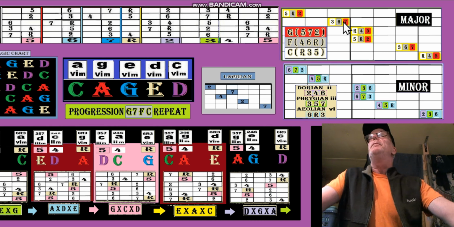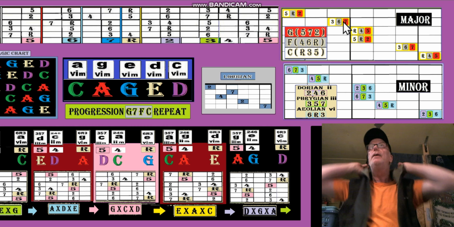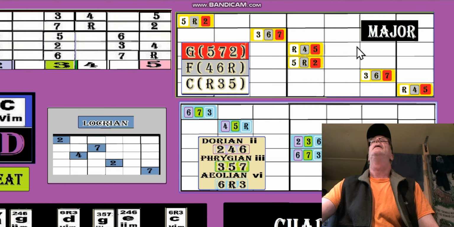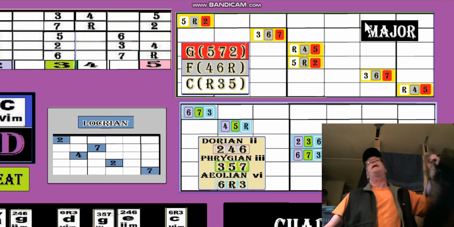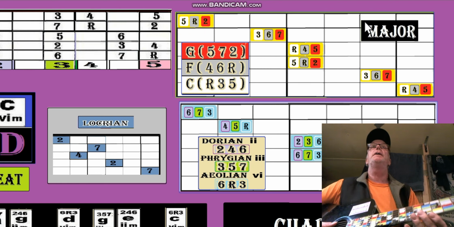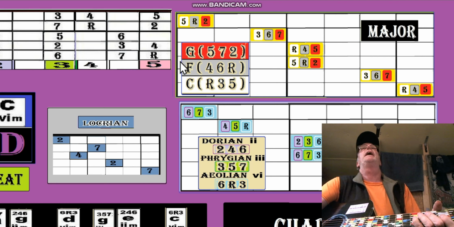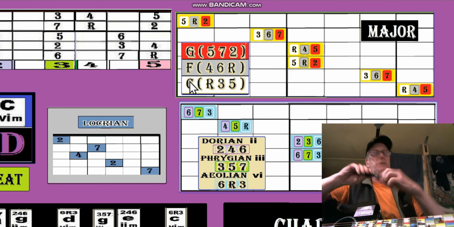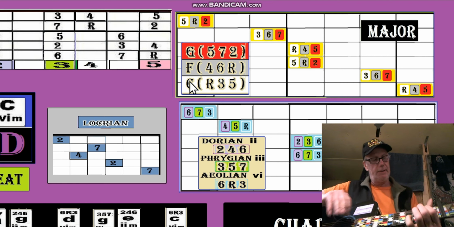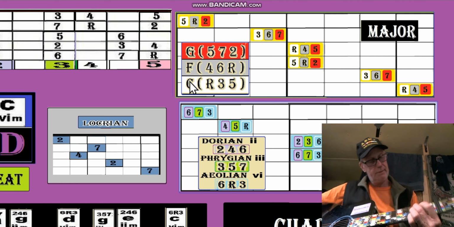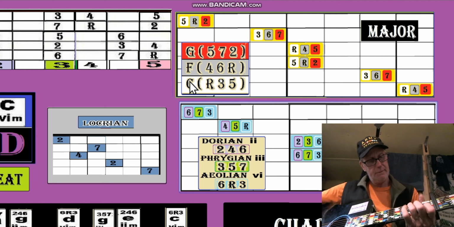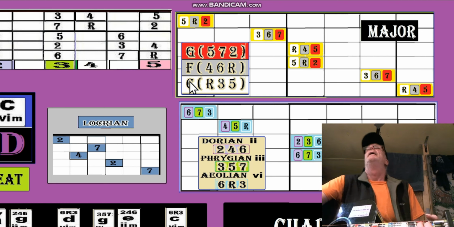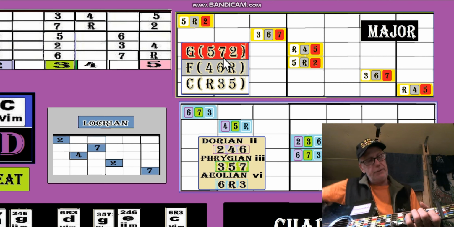So I had to get my vest on there. The majors are right here. For the arpeggio, and I colored them, the progression we're going to be looking at is G, F, C. It'll be something like this. The G is 5-7-2.